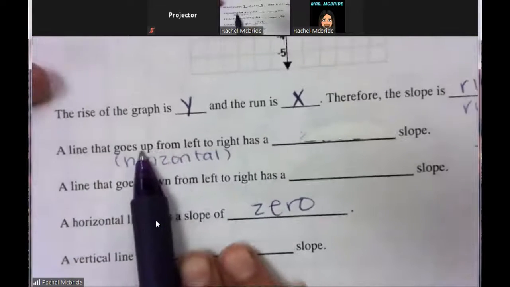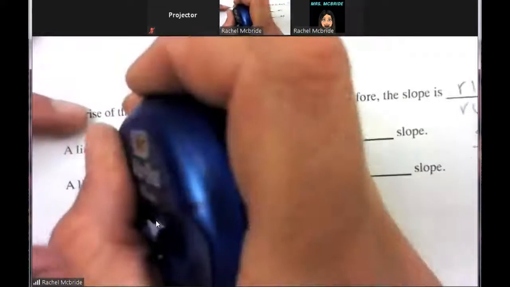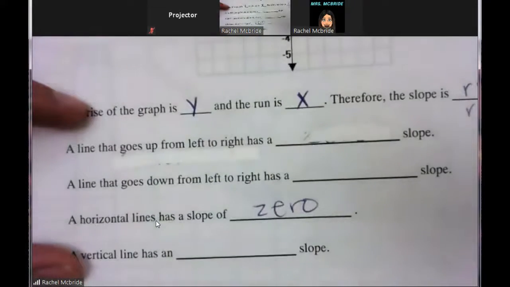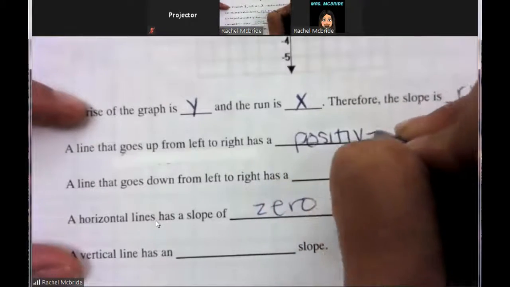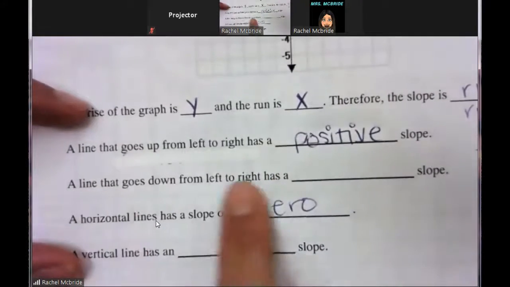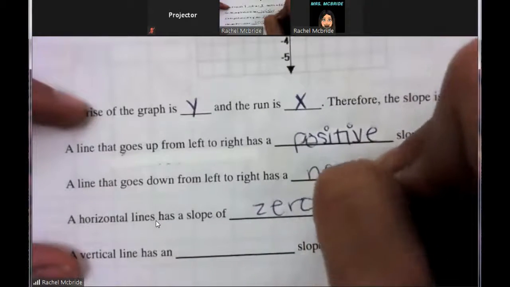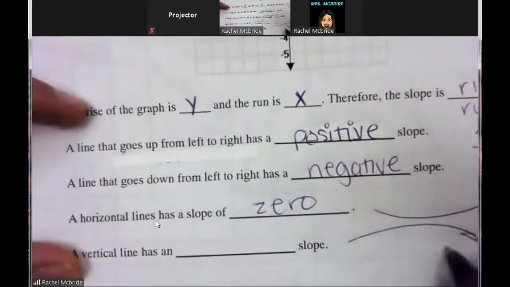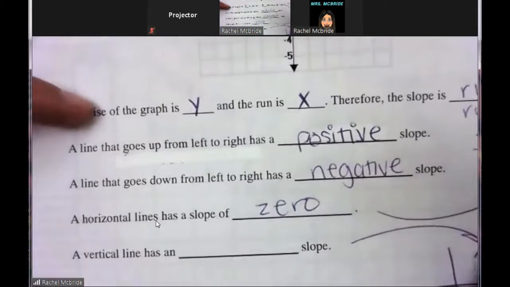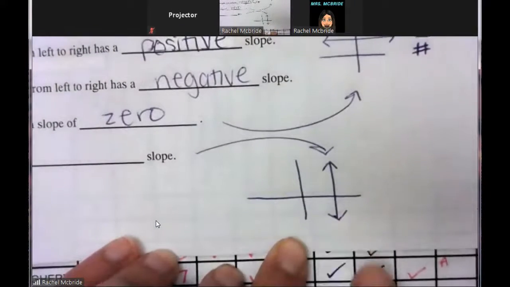A line that goes up, I literally missed the word up. A line that goes up has what type of slope? Positive or negative? Landon? Perfect. And a line that goes down has what type of slope, Dominique? A vertical line or a line that goes straight up and down, like this, will have what type of slope?